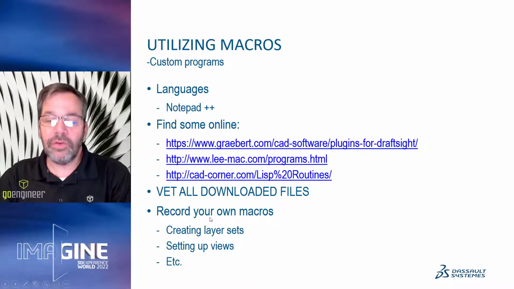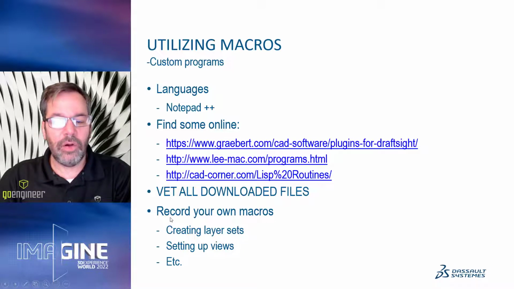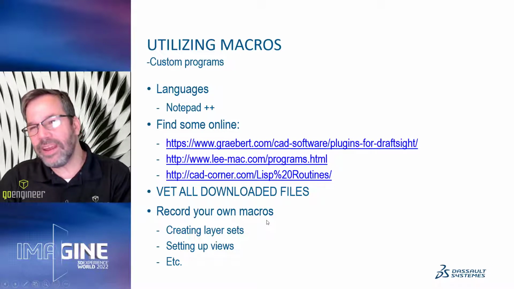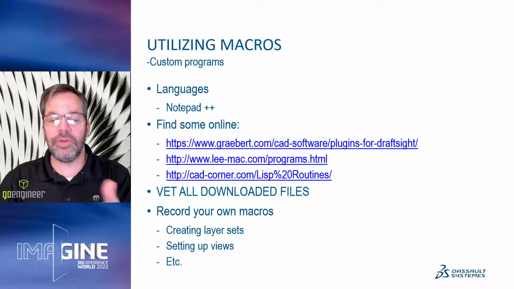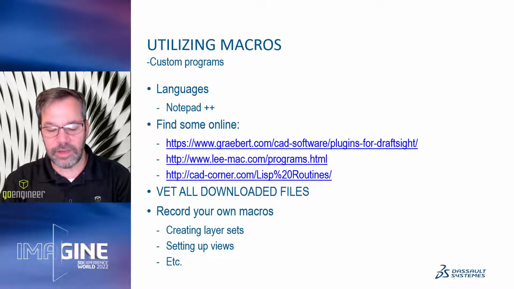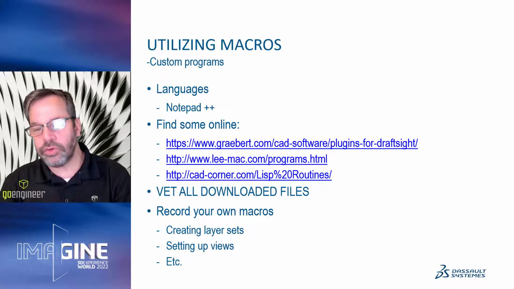Now, you have the ability inside of DraftSight to create your own macros. Understand, a macro is more the idea of full programming. So this could be Lisp, Visual Basic, C++, JavaScript. We support a whole slew of languages.